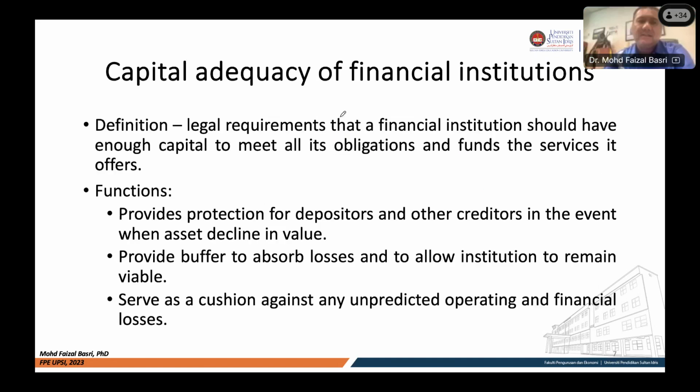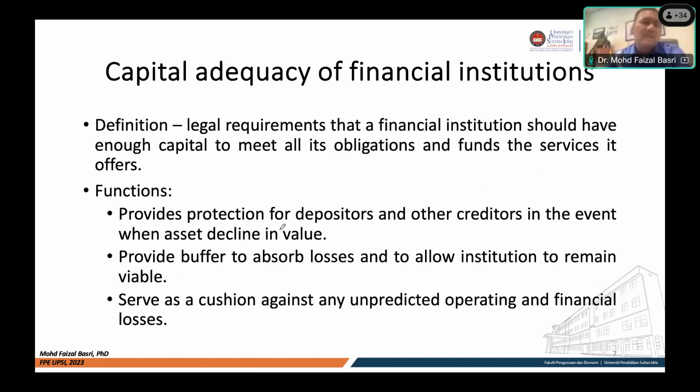So by definition, capital adequacy means legal requirements that a financial institution should have enough capital to meet all obligations and fund the services it offers. Okay, so the function of capital adequacy is to provide protection for depositors and any other creditors in the event when the assets decline in value, right? So the decline in value can come from various factors, as I mentioned before.